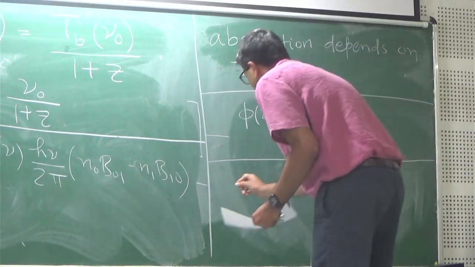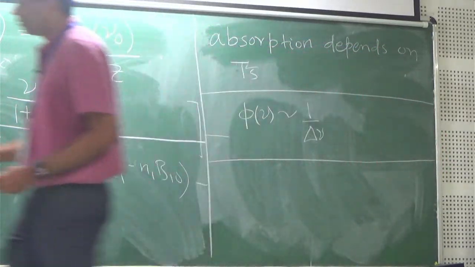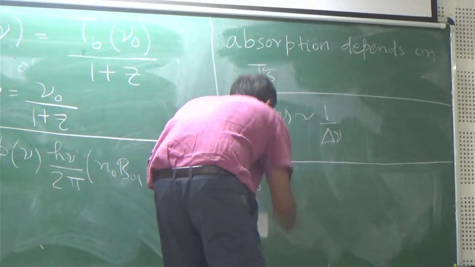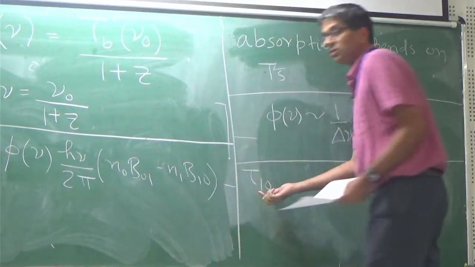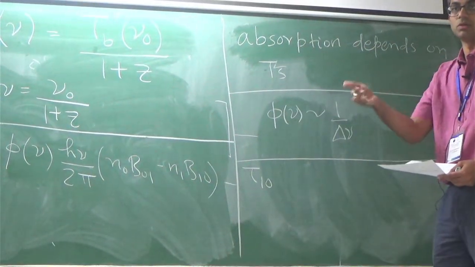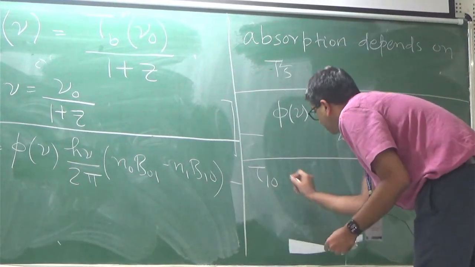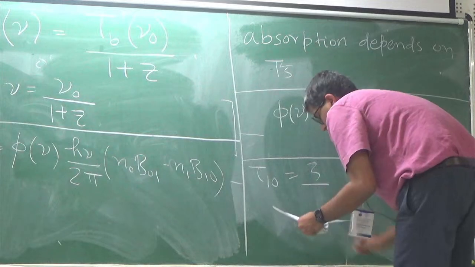And if we do that, then we can now do this integral tau nu, and we can write tau 10, where 10 now denotes that this opacity is about the photons that connect the two energy levels, as this.